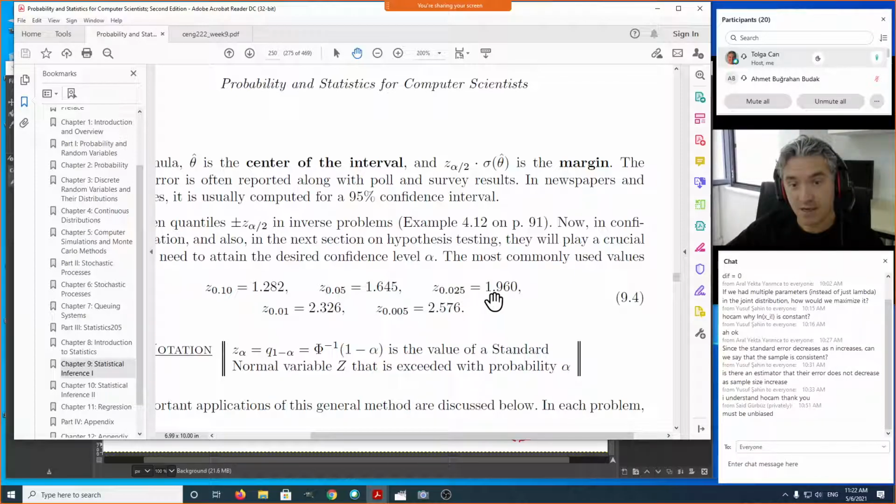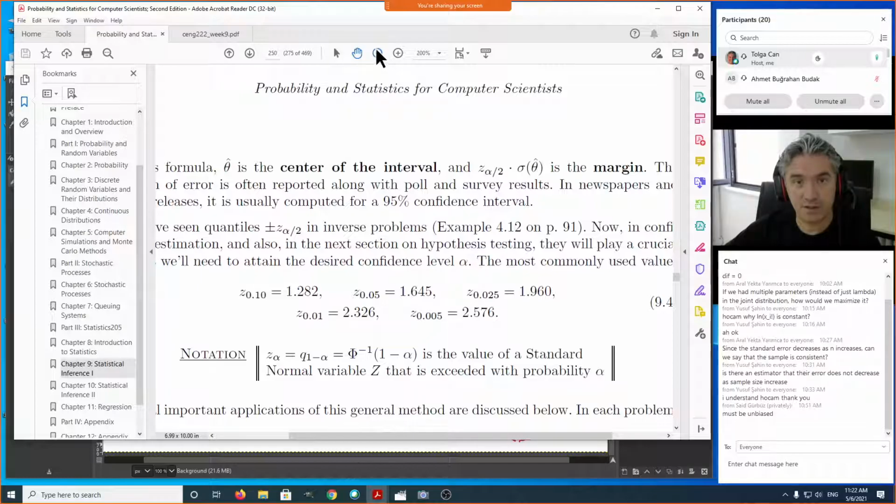The z value may remain the same with the same confidence level, 1.96. But since you multiply it with your standard error, if you decrease your standard error, this one is called the margin, as you can see, the margin is going to decrease, which will result in a smaller interval.